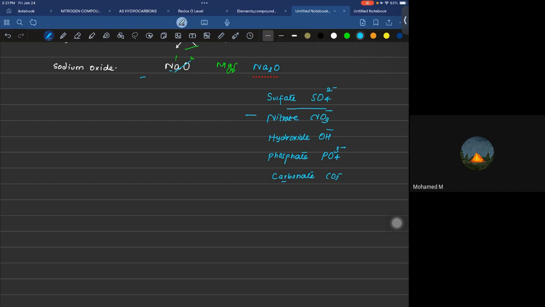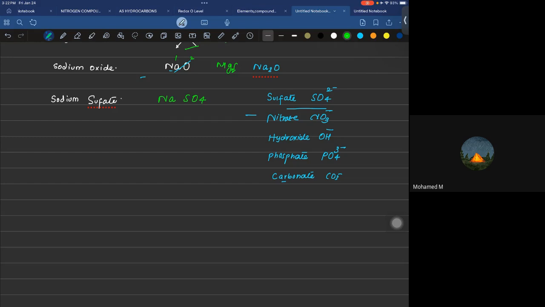Okay, so now see this. Sodium sulfate. As you know that sodium is Na and the sulfate is SO4. What is the charge on sulfate?